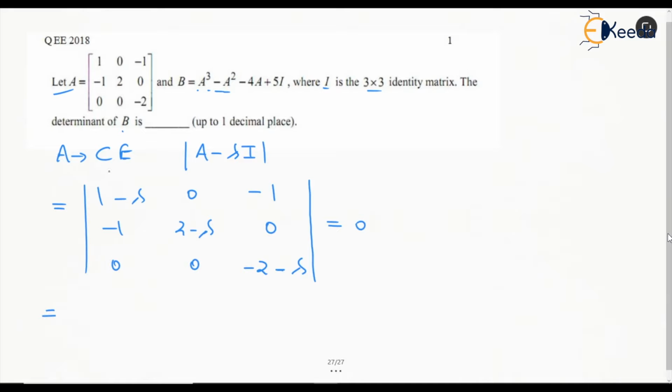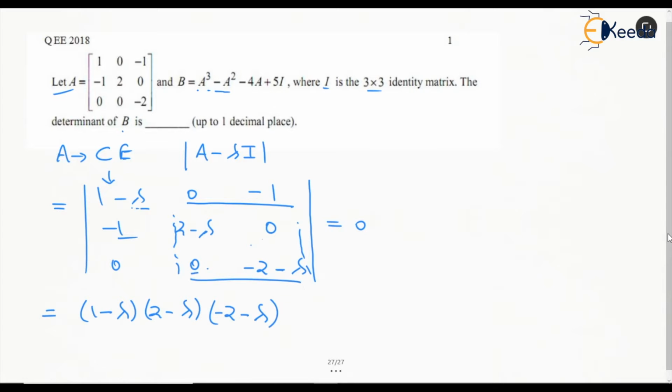Let's take column 1, because this column has one element as 0. For the element A11, it is going to be 1 minus lambda into the minor, and in this case we can see these two are 0, so it will be directly 2 minus lambda and minus 2 minus lambda. Then the next element is A21. For A21, the minor will be coming from these two elements and these two elements, of which we have this and this 0.